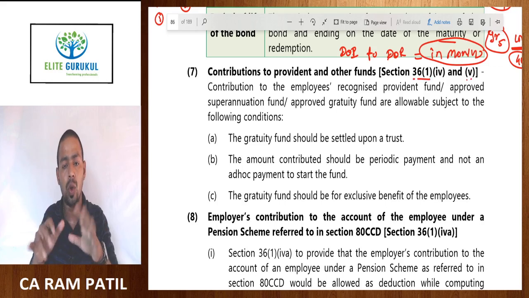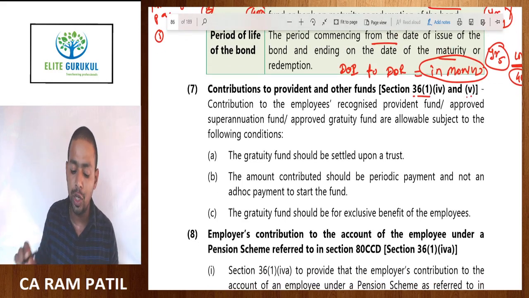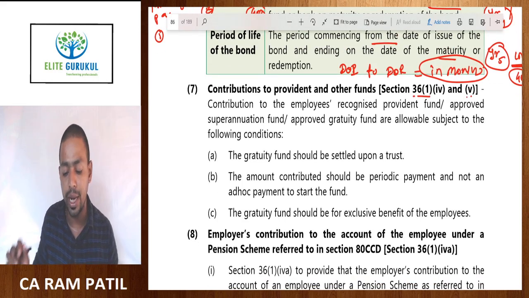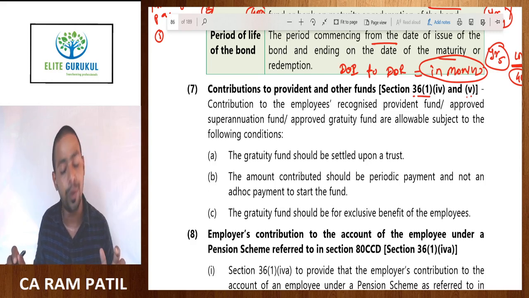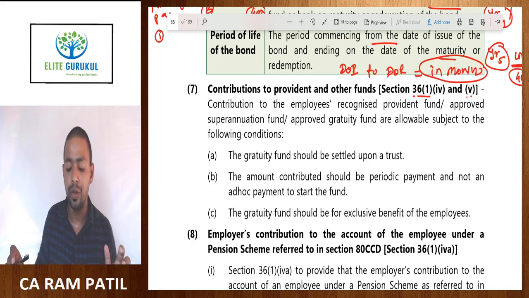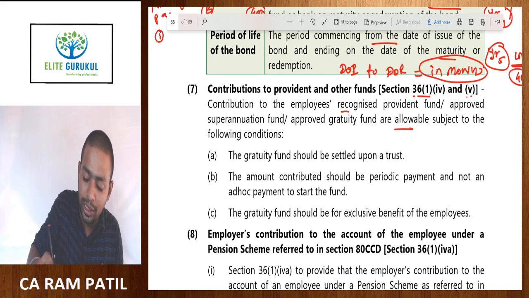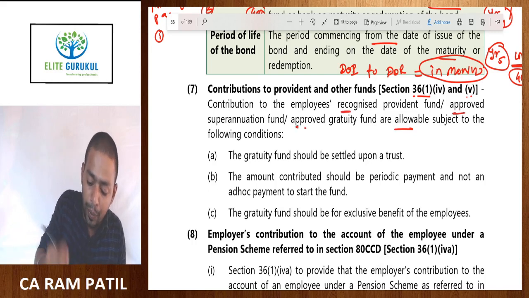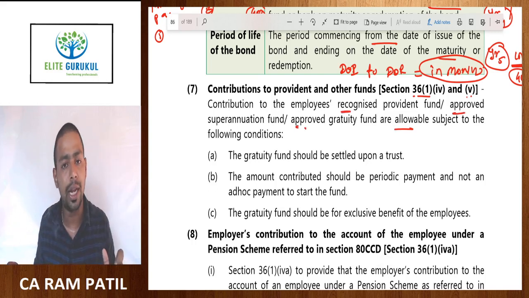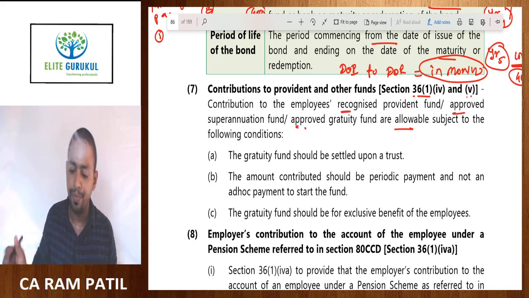So we are combining two clauses and reading here. Contribution to employees recognized provident fund or approved superannuation fund or approved gratuity fund are allowable. So you can understand here, recognized, approved and approved. So these are the retirement funds created by employer for the benefit of employee.